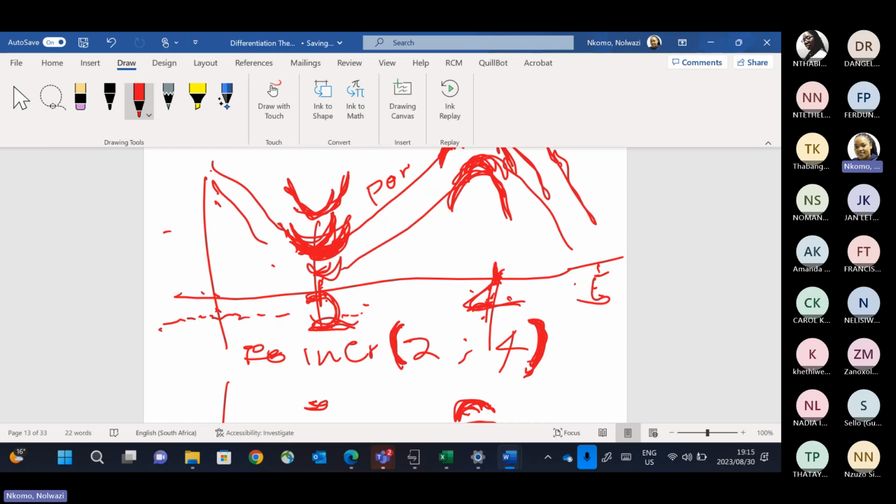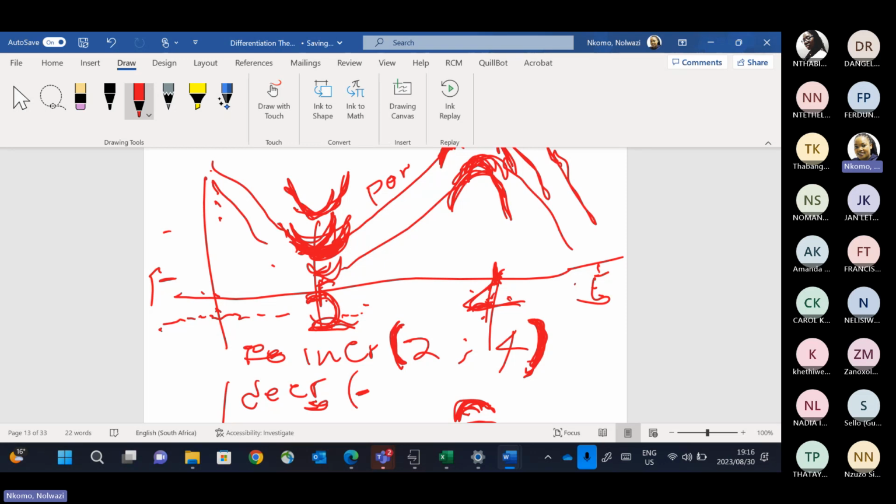So this means the graph will decrease from negative infinity to 2. For infinity, you always use curly brackets because you are not really sure. We don't know the value of the infinite. That's why we put curly brackets.